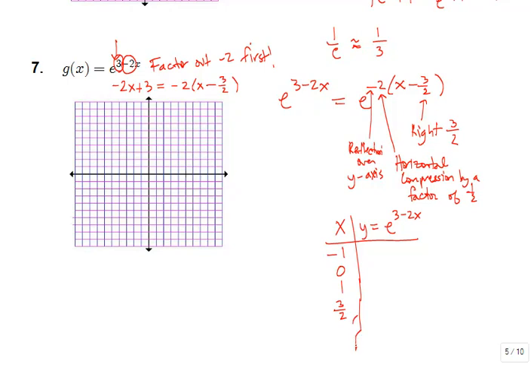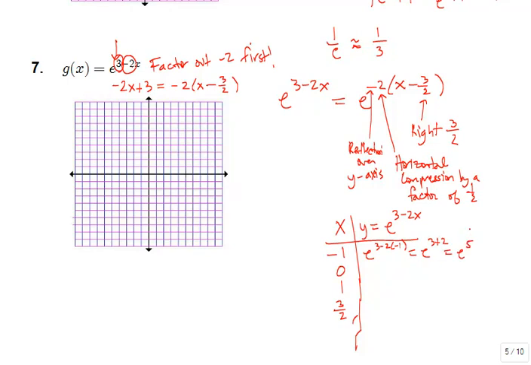So let's go ahead and find out what some of these y values are going to be. I'm going to plug in -1 first. Be careful with your signs. So this is going to be 3, and then a -2 times a -1 becomes a +2. So this is e to the 5th.